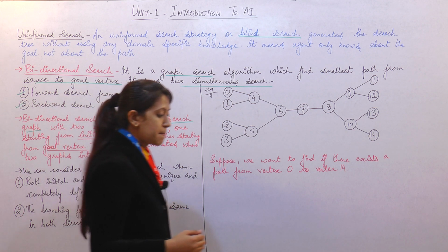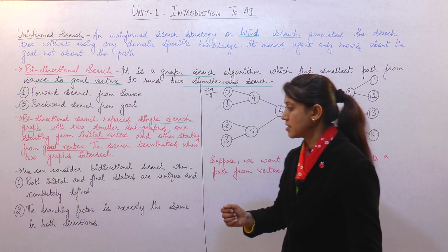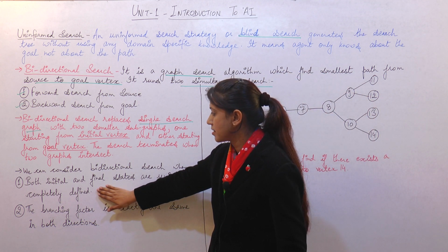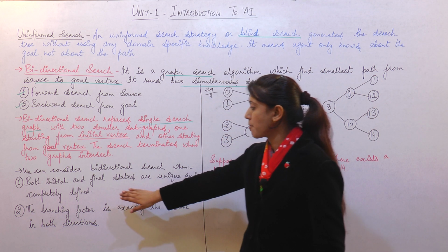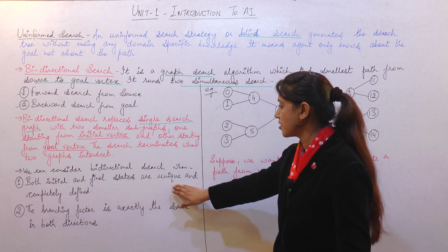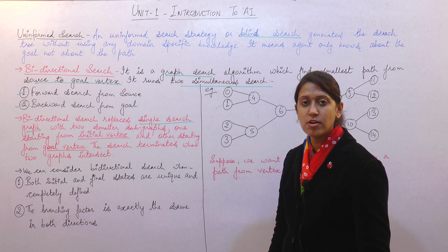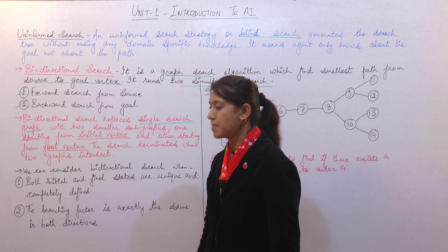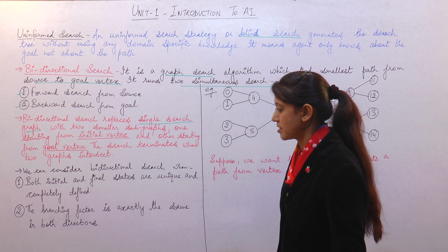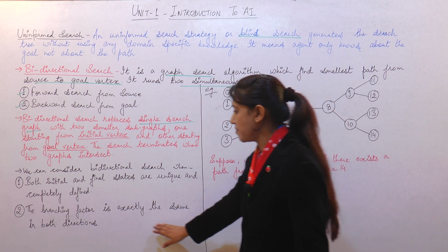If we are implementing bidirectional search, the first point to follow is that both the initial and final states are unique and completely defined. If states are not unique and not completely defined, we cannot implement bidirectional search. The second factor is that the branching factor is exactly the same in both directions.